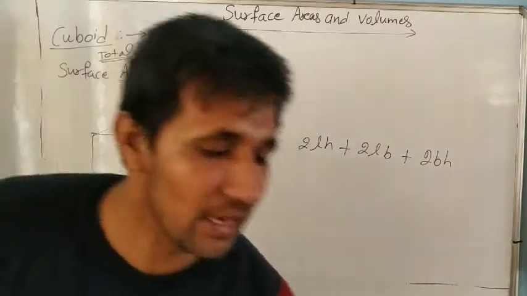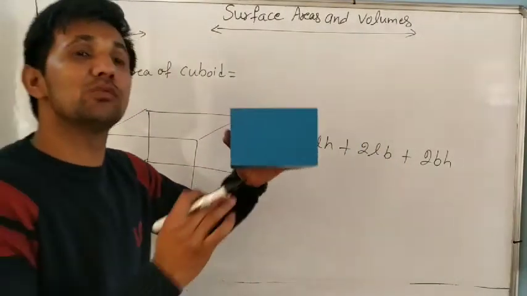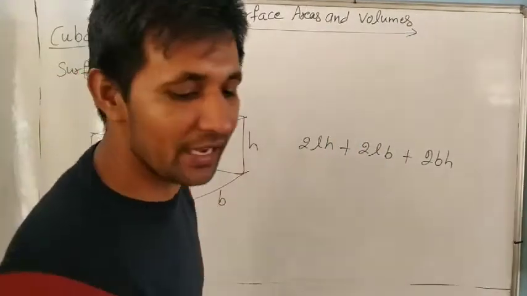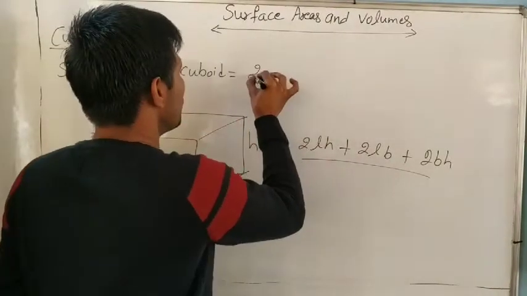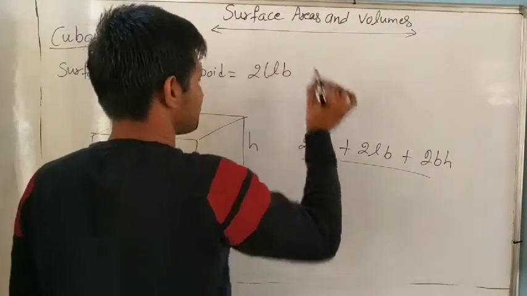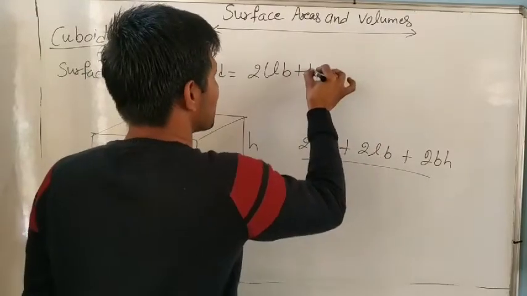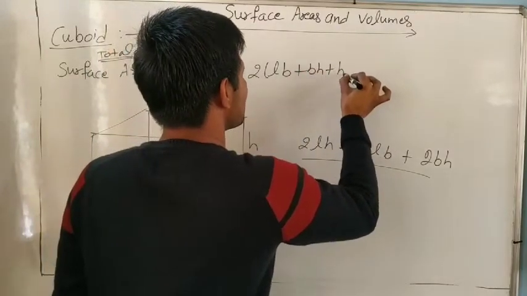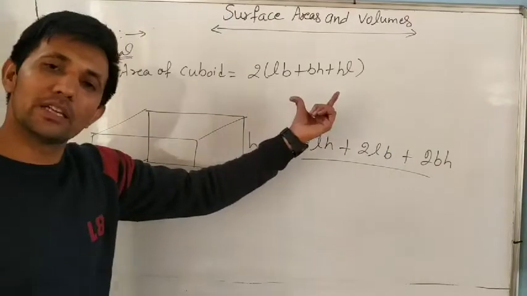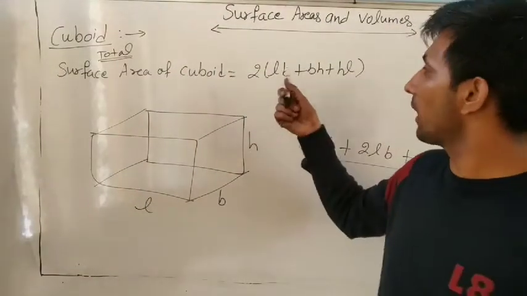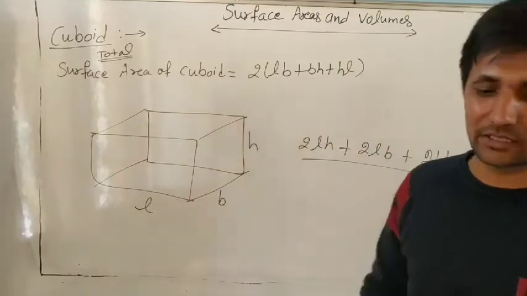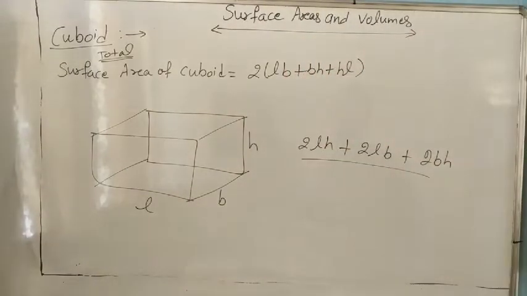Total surface area means the area of all 6 faces. What is common? 2 into LB plus BH plus HL. So, do you understand why the surface area of a cuboid is 2(LB plus BH plus HL)? I hope everyone understands it.